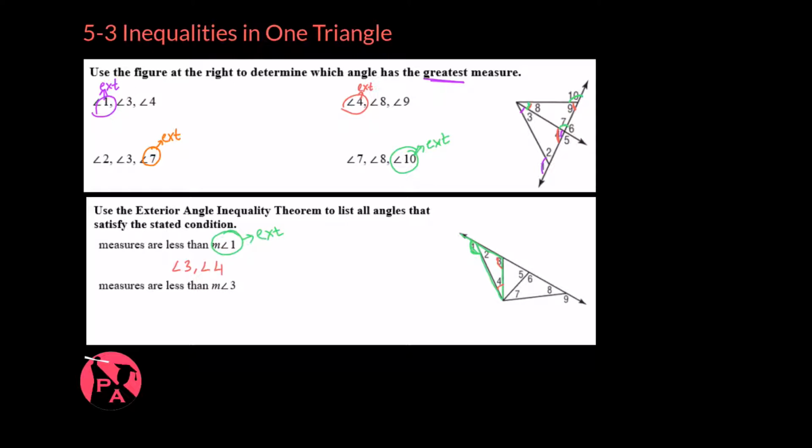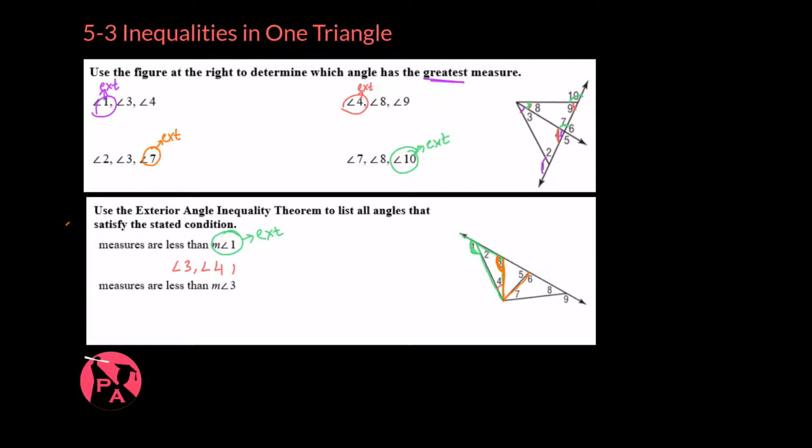Now, also, there are other exterior angles of these three. If you just look at angle 3 right here, that's an exterior angle too, which means there are other angles that are less than angle 3. So if we have other angles less than angle 3, they will definitely be less than angle 1, because these two are already less than angle 1.